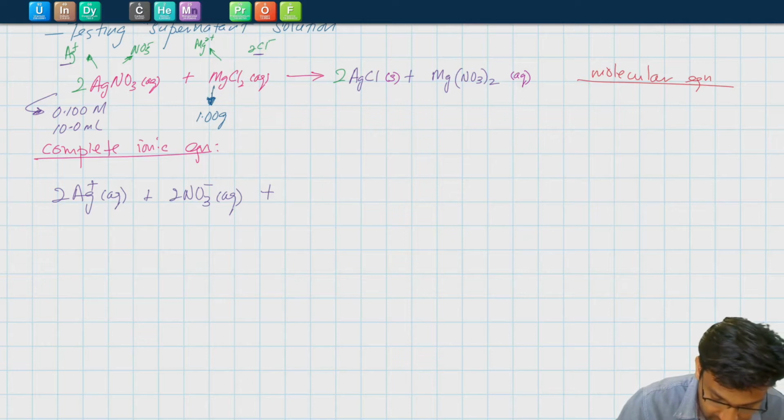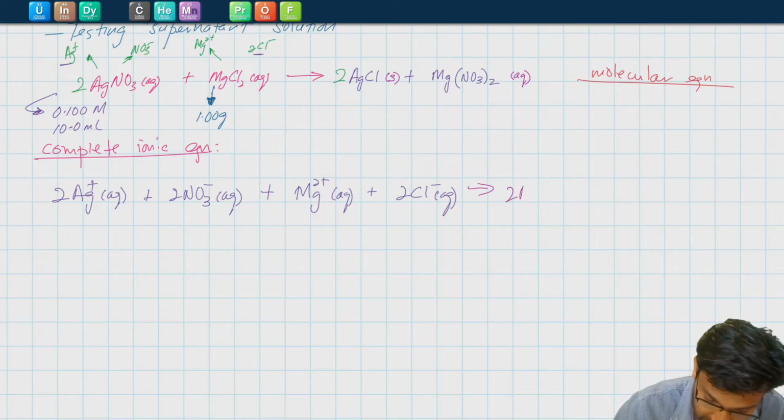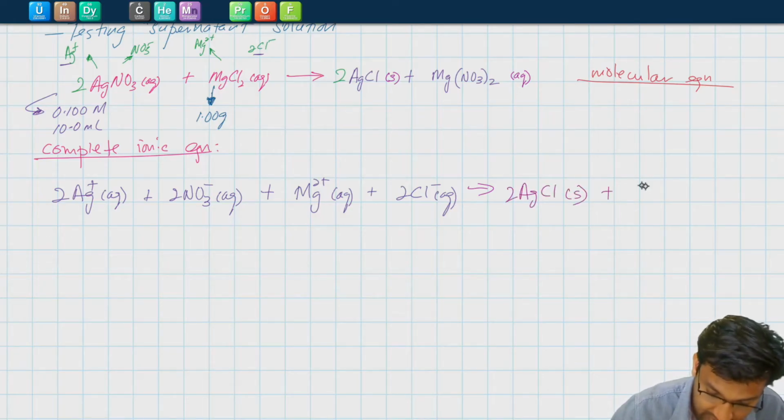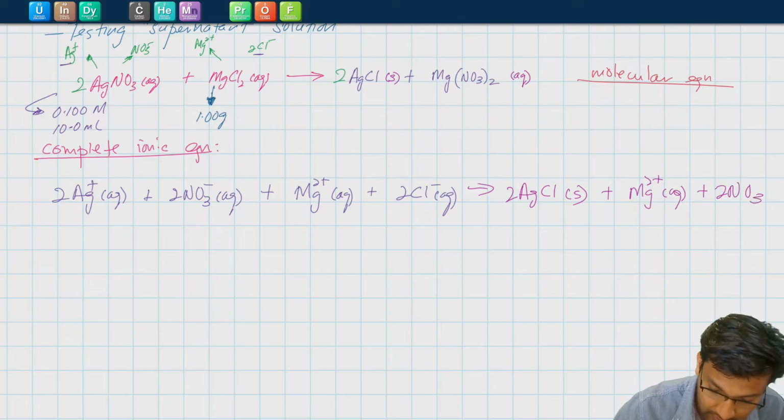And for magnesium chloride, we'll get 1 Mg2+ aqueous plus 2 chlorides aqueous. And on the product side, we'll get 2 silver chlorides solid. We don't break it apart because it's solid, not aqueous. We'll get 1 Mg2+ aqueous. We break that apart. And 2 nitrates aqueous.